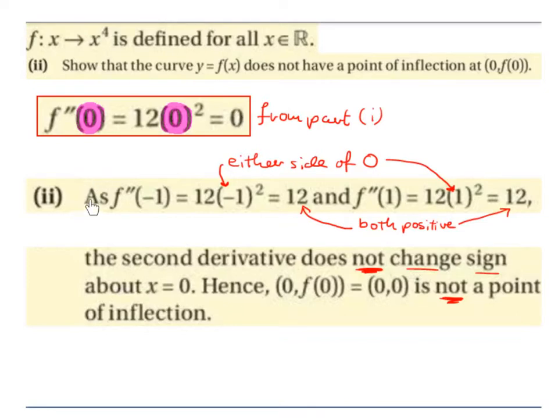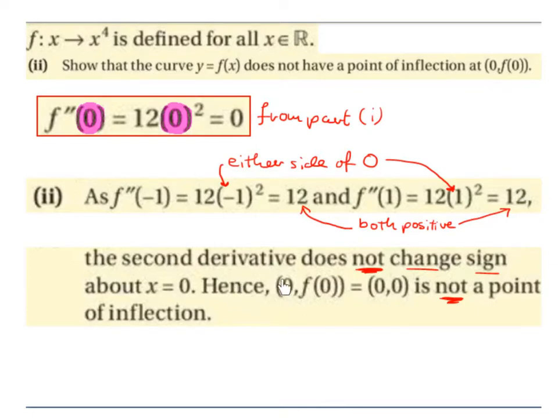As f double prime of minus 1 equals 12 times minus 1 squared, which is equal to 12, and f double prime of 1 equals 12 times 1 squared equals 12, both of these are positive. The second derivative does not change sign about x equals 0. So we're going from positive to 0 to positive. So it does not change sign.